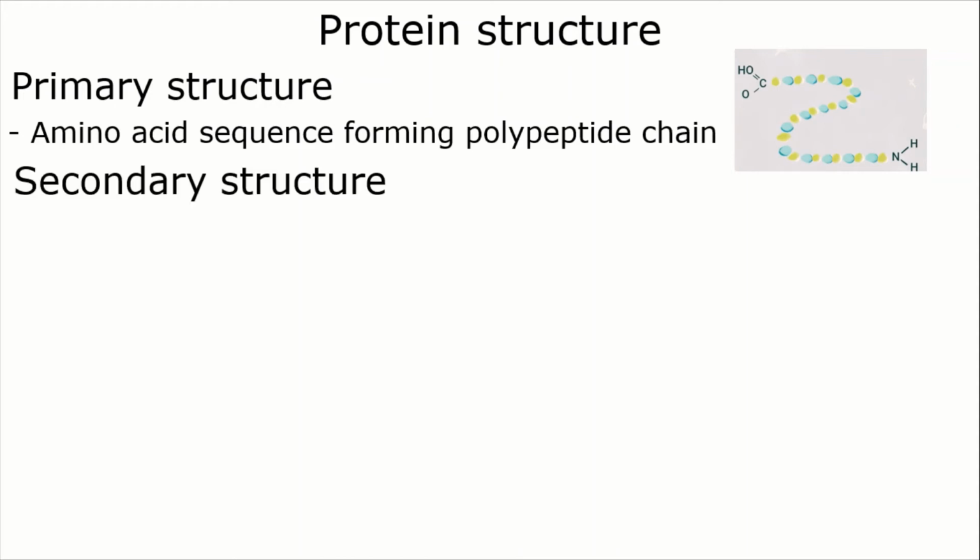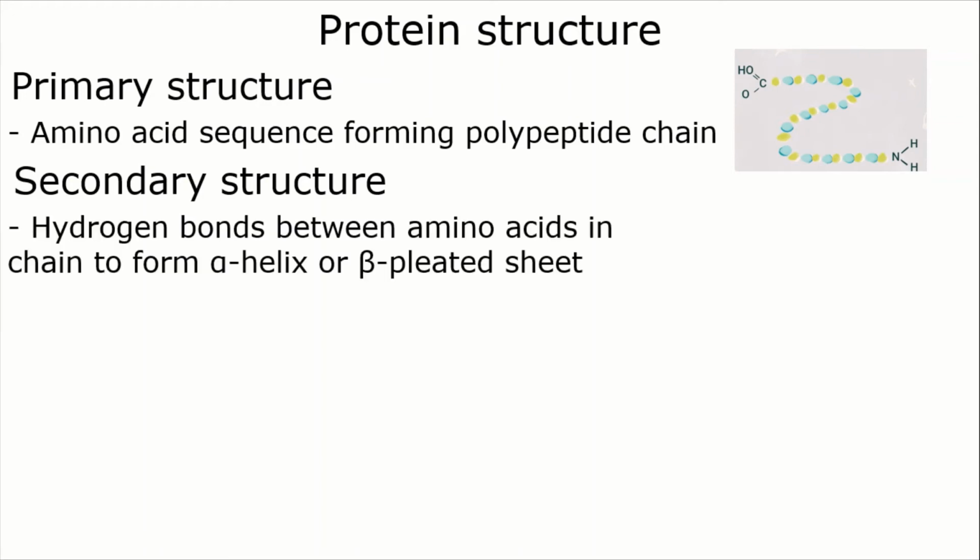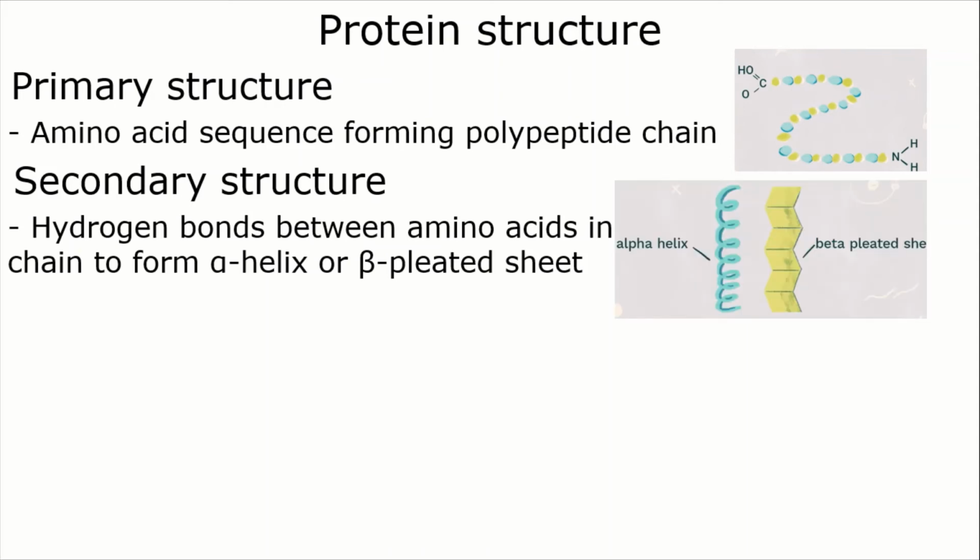So then we move on to protein's secondary structure, and this is where this polypeptide chain begins to fold and hydrogen bonds can form between amino acids, and this can form either an alpha helix or a beta pleated sheet. So if we look at the image on the right hand side, we can see an alpha helix is this very coiled structure, almost like a spring or a slinky, if anyone had one of those when they were a kid. And on the right, this yellow structure is a beta pleated sheet.